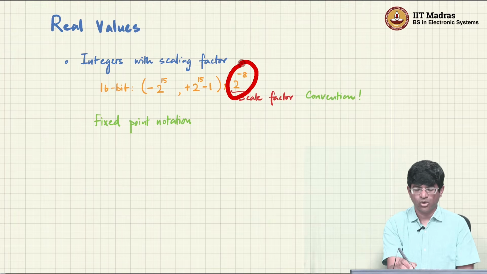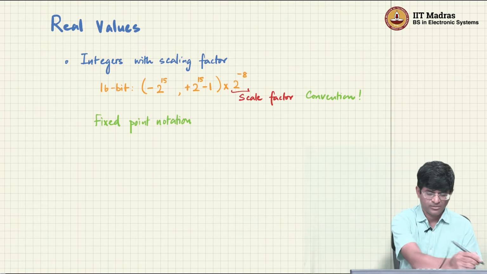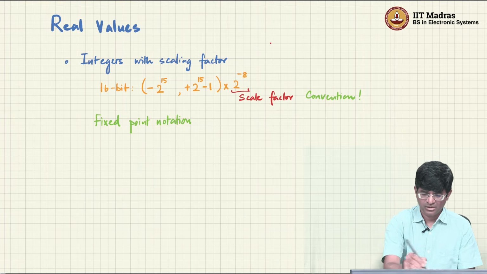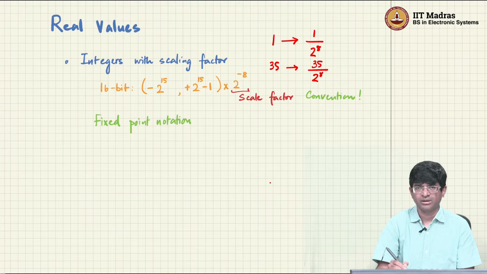What does that mean? It means that the number 1, for example, would correspond to 1 by 2 power 8, or the number 35 would correspond to 35 by 2 power 8. Both of these are fractional values less than 1. But what about a number like 10,000?